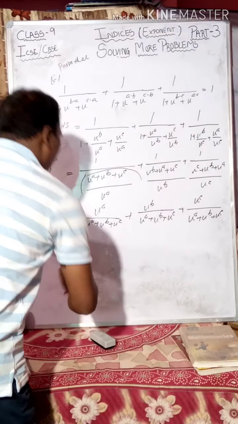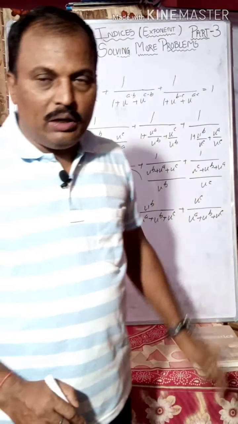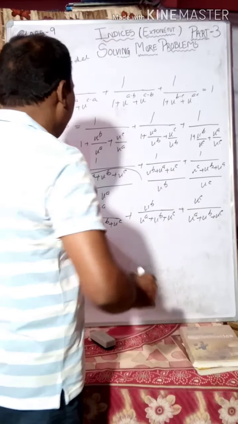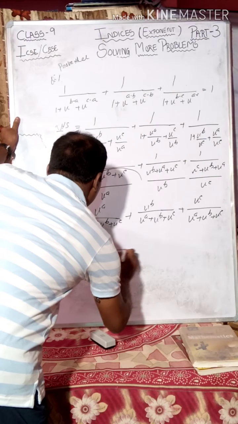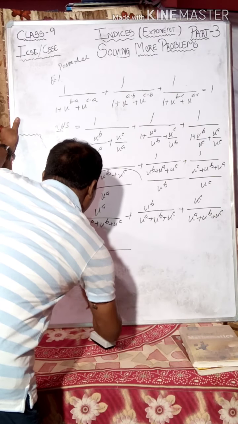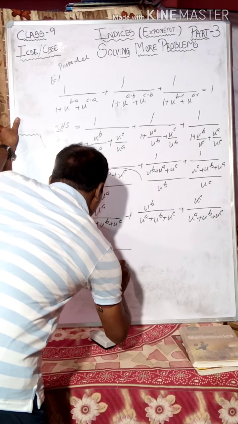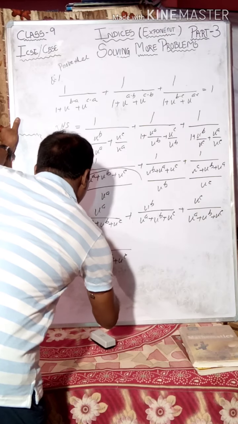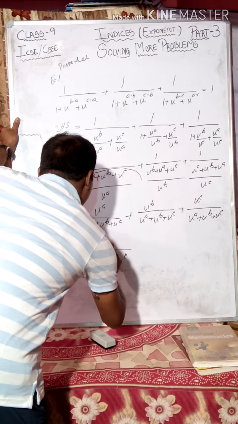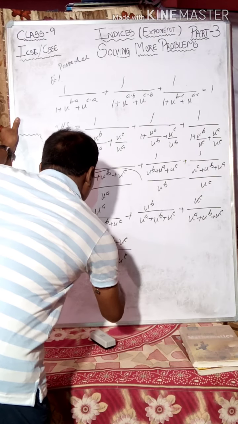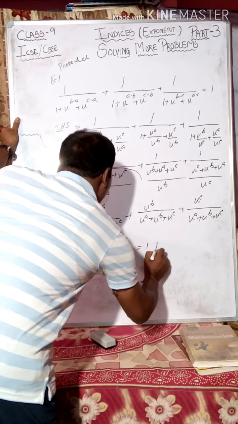Now, general addition: the denominators are the same, so we take the denominator x to the power a plus x to the power b plus x to the power c, and in the numerator x to the power a plus x to the power b plus x to the power c. So this cancels off, and that is equal to 1. Proved.